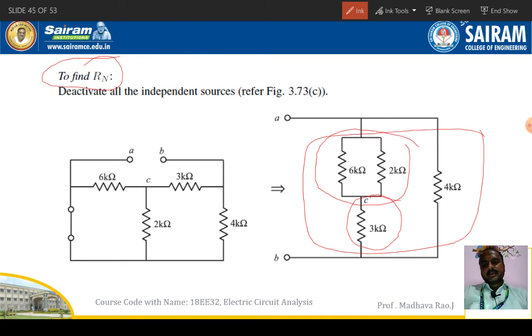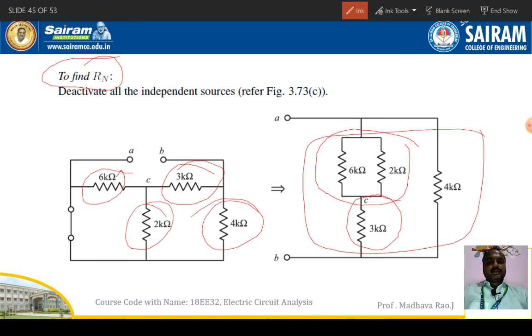After removing, this resistor and this resistor, 6 kilo ohm and 2 kilo ohm, are in parallel and in series with 3 kilo ohm. So the entire thing will be parallel to 4 kilo ohm. We have to simplify this circuit as per the parallel-series resistance method.